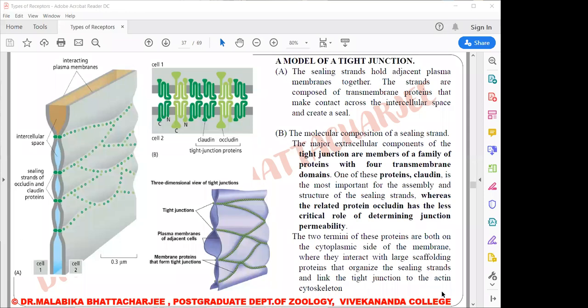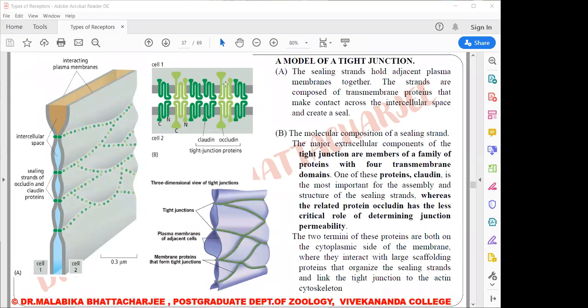And the tight junctions appear as a network. Look at the picture. They appear as a network of ridges, so these areas look like ridges on the cytoplasmic half of the membrane. These ridges appear to be composed of 2 rows of protein, so these are the 2 rows of protein particles arranged as a zipper.